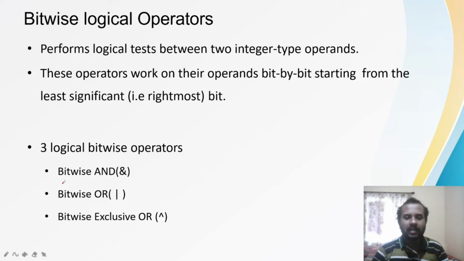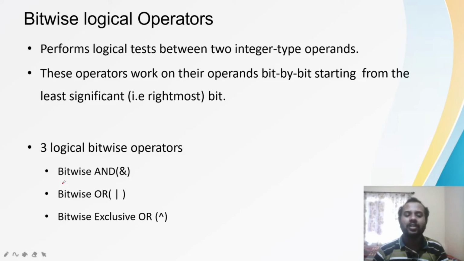These operators work on their operands bit by bit, starting from the least significant to the most significant bit, that is from LSB to MSB. You are going to have three operators here: bitwise AND, bitwise OR, and exclusive OR, that is bitwise XOR.